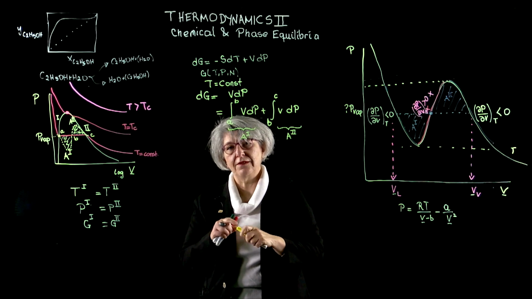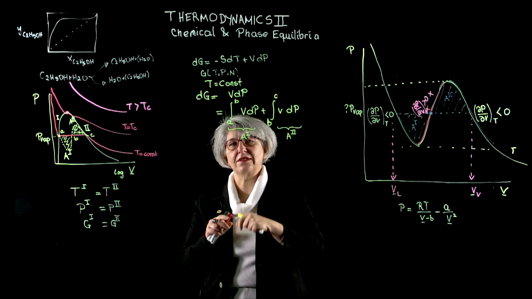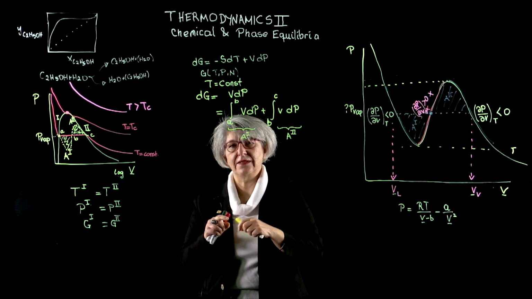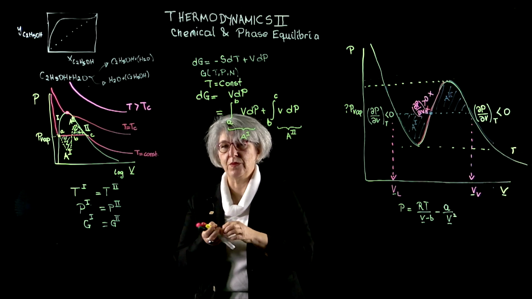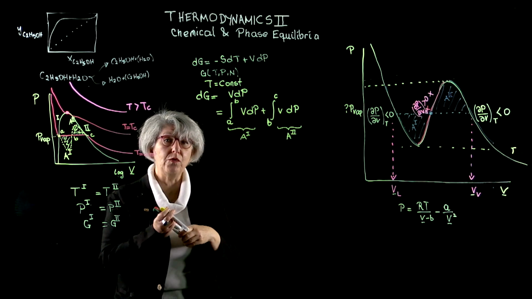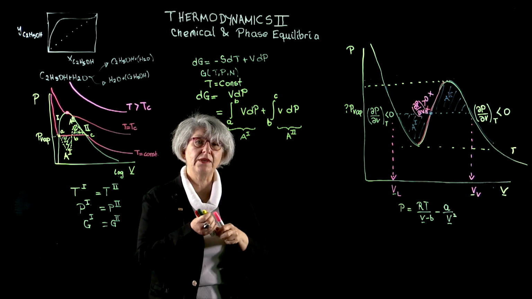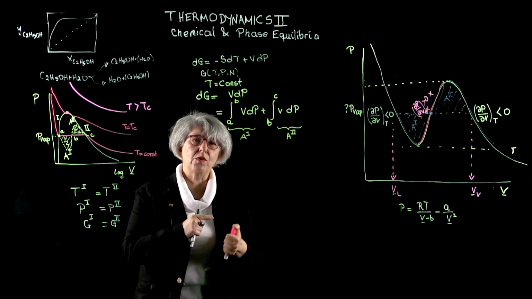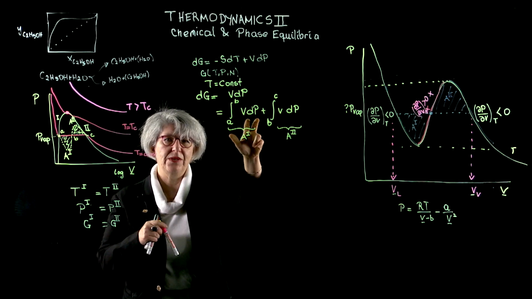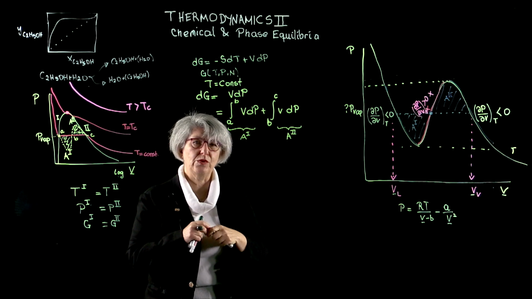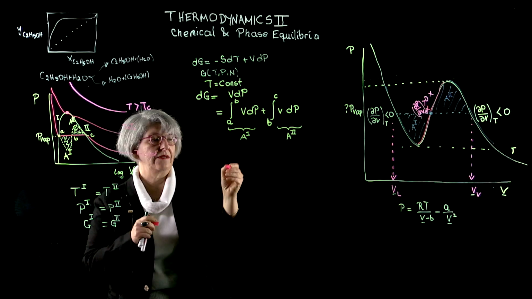So instead, we're going to change the integrand and rearrange these equations. We will come up with a new function that is going to be a little bit more convenient than this expression, and we're going to call it the fugacity.